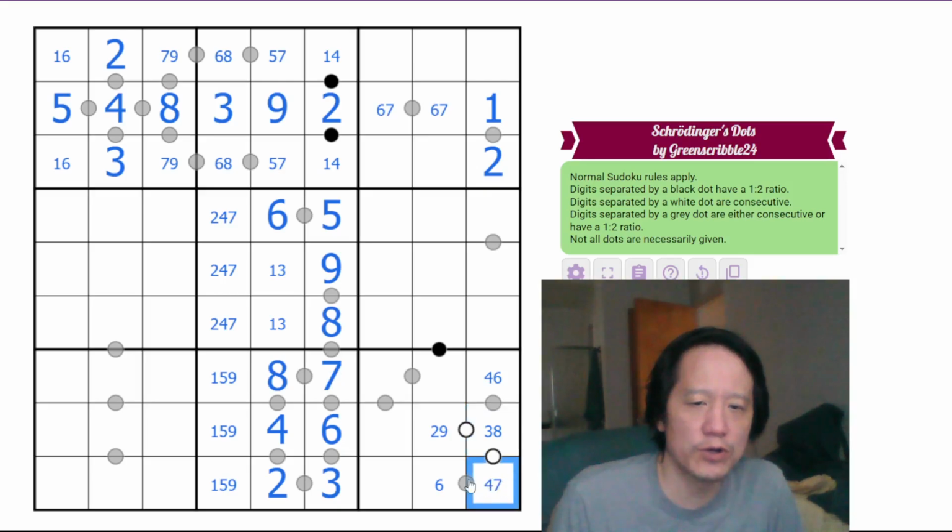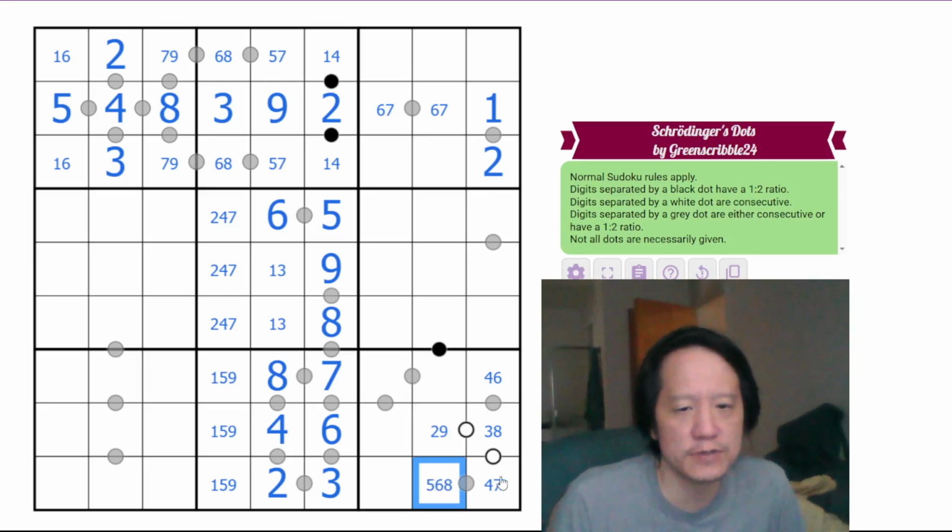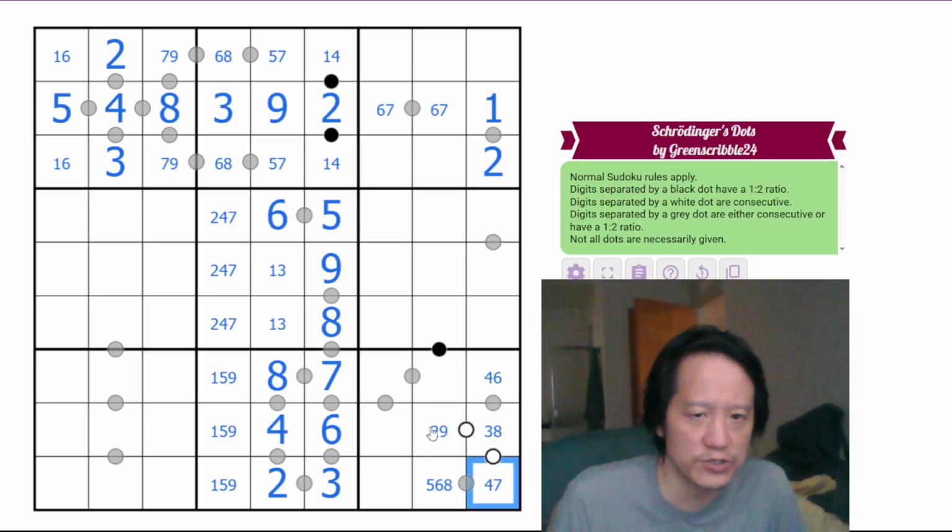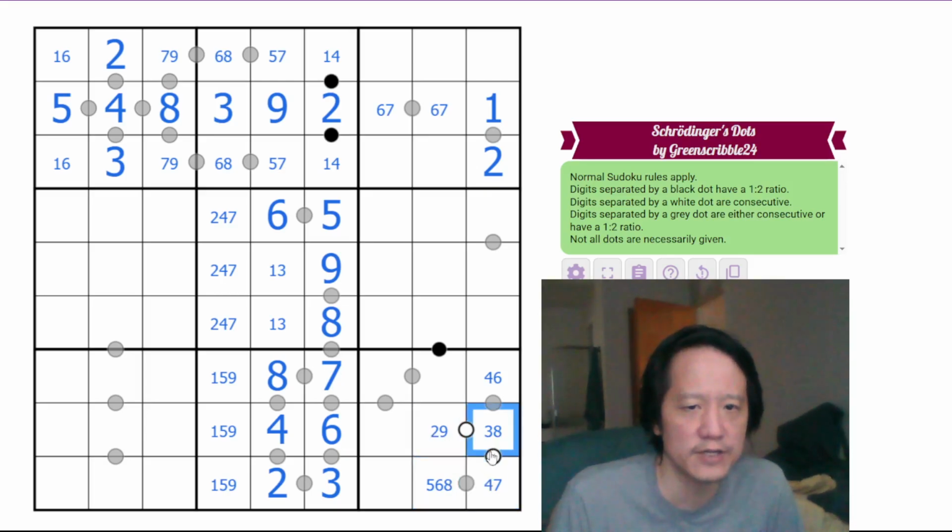If this is 4 here, it could be 5 or 8 here. We don't know. Because we'd be 2, 3, 4, so it can't be consecutive with 3, and can't be in a 1 to 2 ratio with 2. So this would be 5 or 8 there. Okay. So that's fine.